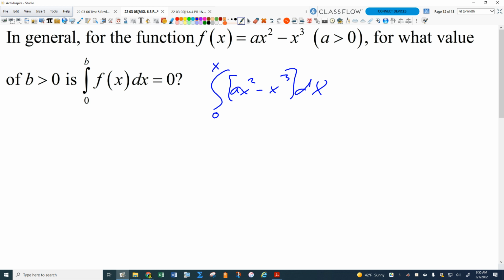Just a over 3 x cubed minus x to the 4th over 4, evaluated from 0 to x. At 0, it's all going to go away. So I'm just going to get that equals 0, right?